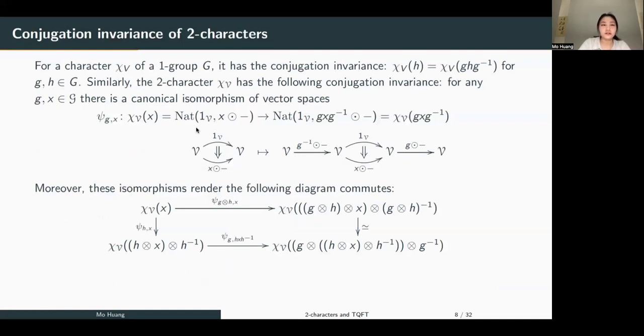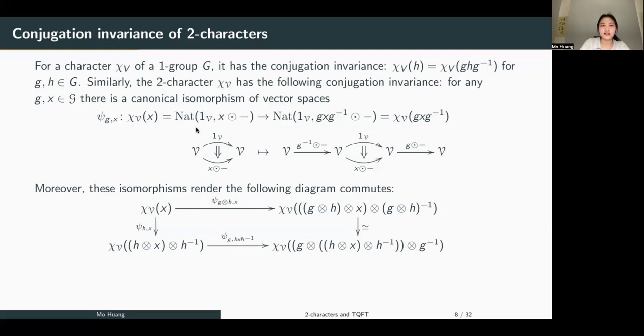Okay, for a character chi V of a group G, it has a conjugation invariance. Similarly, the 2-character chi V we defined above has the following conjugation invariance. For any g and x in this 2-group, there is a canonical isomorphism of vector spaces.